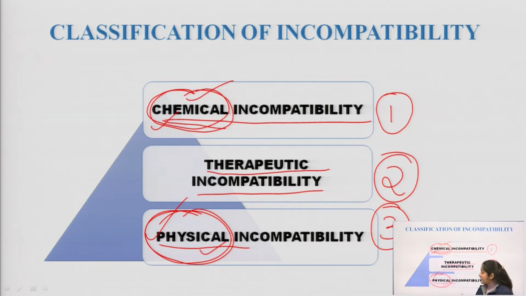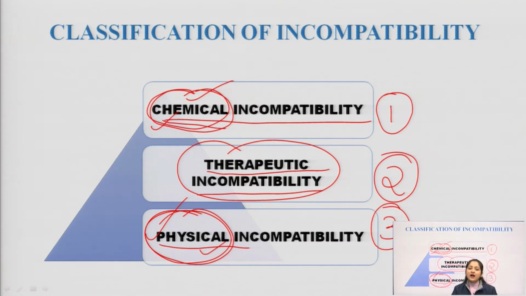Now, understanding therapeutic incompatibility, the most vital type. Therapeutic incompatibility is often seen, and it is often a confusing sort of incompatibility, because here the variations are quite high. We are going to study each type of incompatibility in a detailed manner.